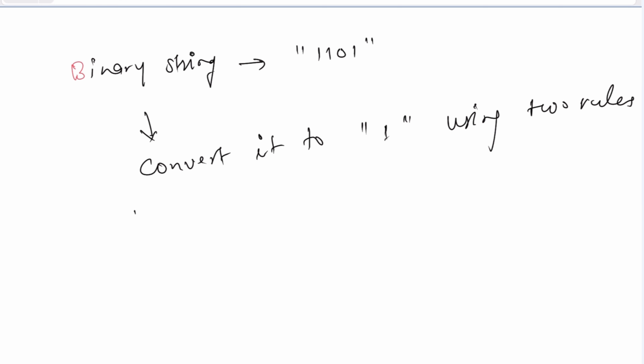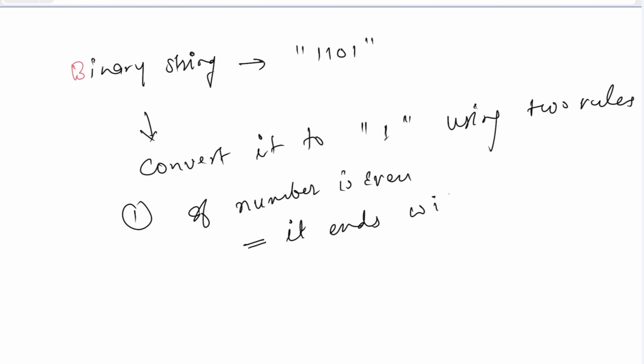The very first rule is, if the number is even, it means it ends with 0.